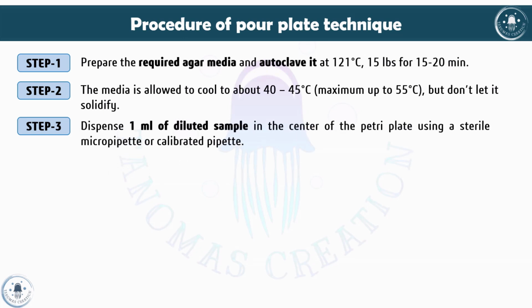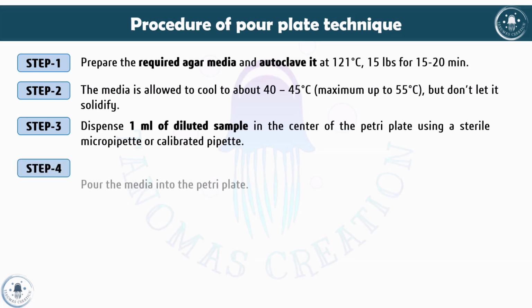Now, you dispense 1 ml of the diluted sample at the center of the Petri plate using a sterile micropipette. You take 1 ml of the serially diluted sample using a pipette and put it in the blank Petri plate at the center.